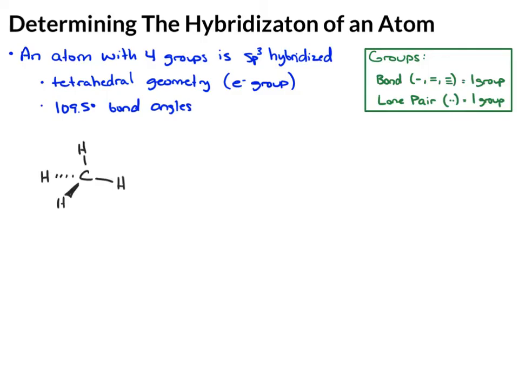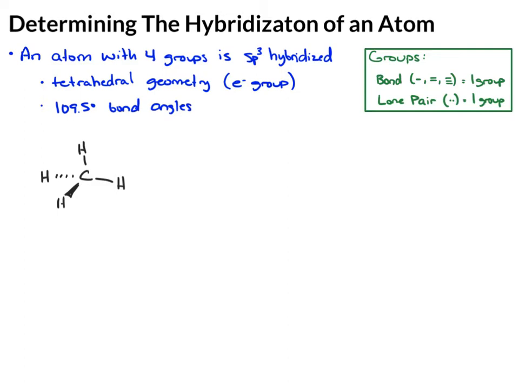Here's the structure of methane. We'll be talking a lot more about three-dimensional structures later in the semester, but remember from general chemistry that if you have these straight lines, that means those groups are in the plane of the page. A wedge means it's coming out towards you, and a dash means the group is going back away from you. So in methane, each of these bonds counts as a group.